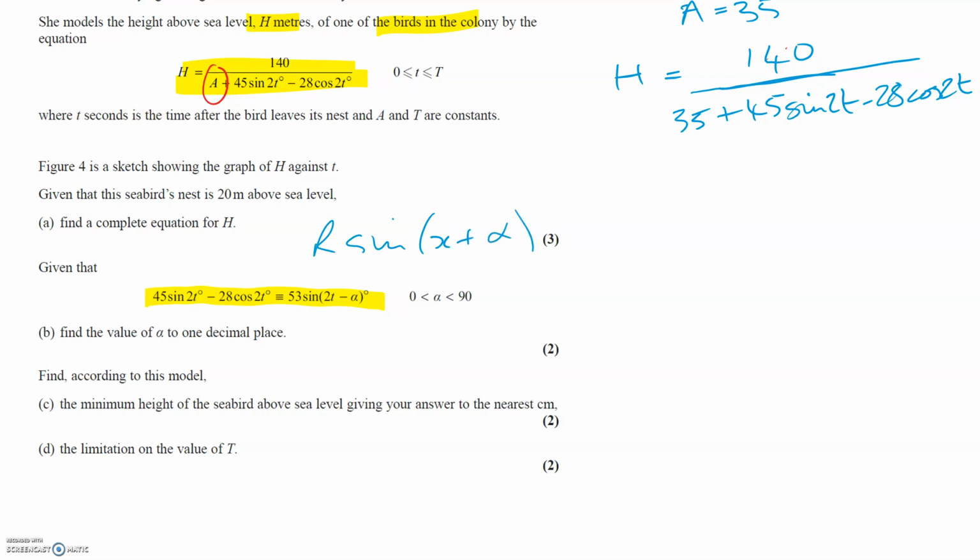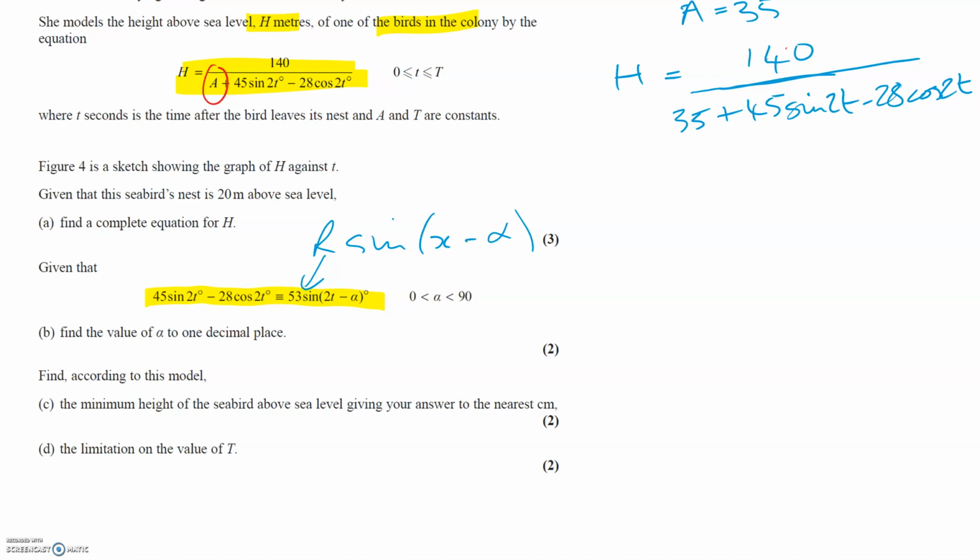Got to be slightly careful here, because it's 2t, not x, but that doesn't really change too much. Actually r is already given in this question, so r is 53. It's just alpha we need to find, and it's not actually plus here, it's minus.